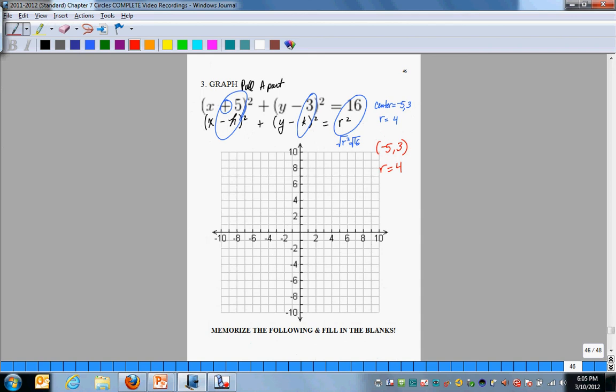Graphing circles is actually much easier than graphing a line. Start by graphing the center of the circle. So we go -5, +3, and plot your center, and always label.